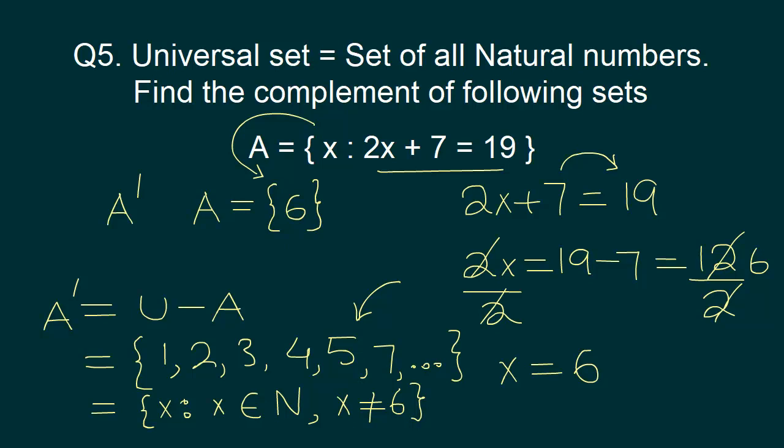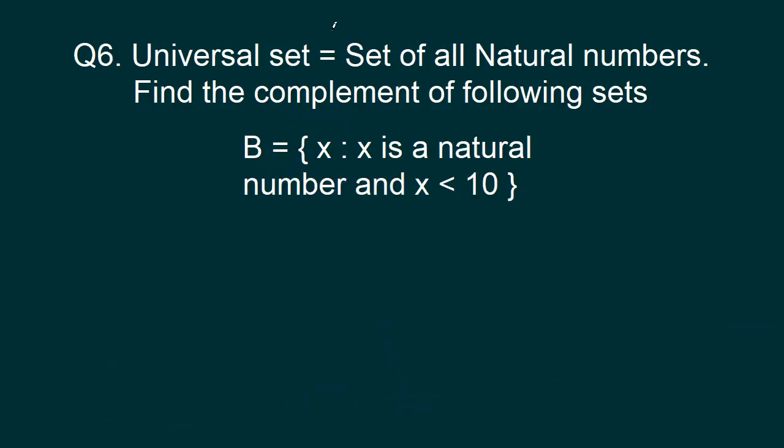So let's take a look at the second question here, which has the same universal set, the set of all natural numbers, but set B is given like this, and we have to find out B complement. So again, we know that B complement will be simply the universal set minus B. So first we are going to write the set B in roster form.